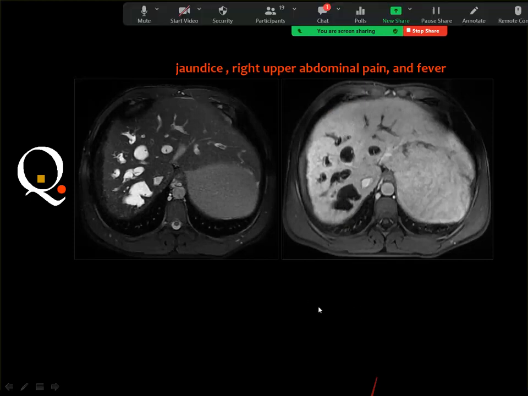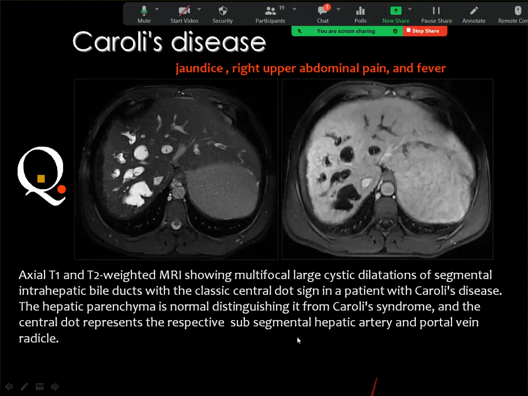Okay, the right answer is Caroli disease, as mentioned by one of you, and there is a cystic dilatation of the biliary tree. You know, these are dilated bile ducts by the presence of other previously dilated bile ducts in the left hepatic lobe.